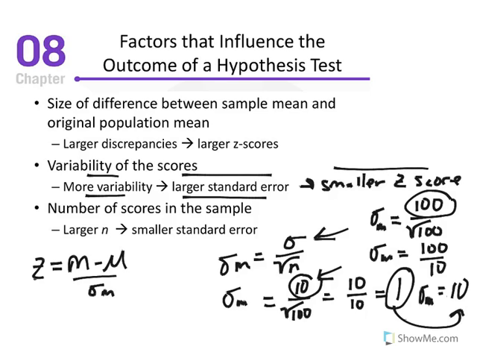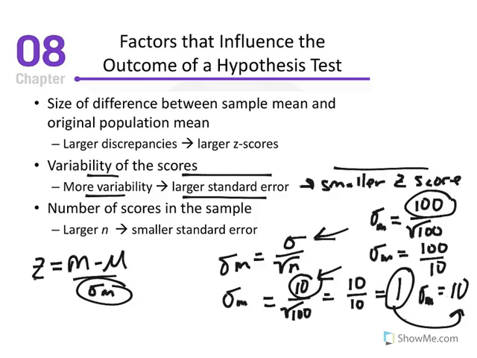And why would it produce a smaller z-score? Well, whenever we calculate our standard error, if you think of this mathematically, z is equal to M minus mu divided by standard error. If this number increases, if you divide by a larger number, the quotient is going to decrease. Conversely, if you divide by a smaller number, the z-score is going to increase.